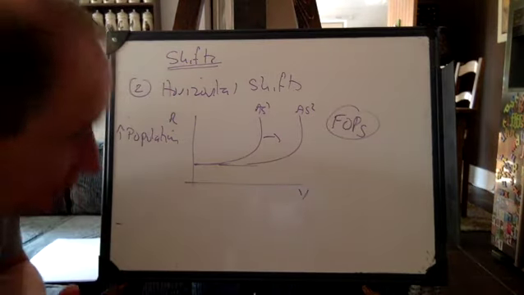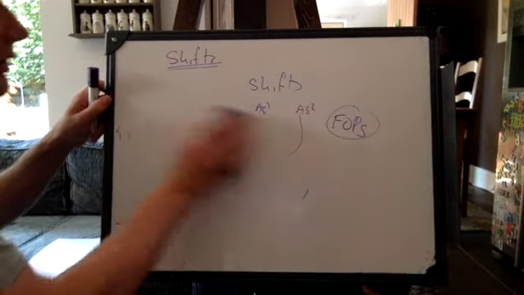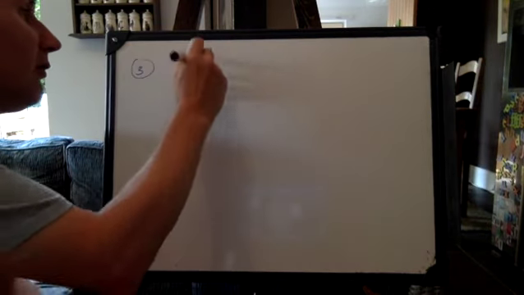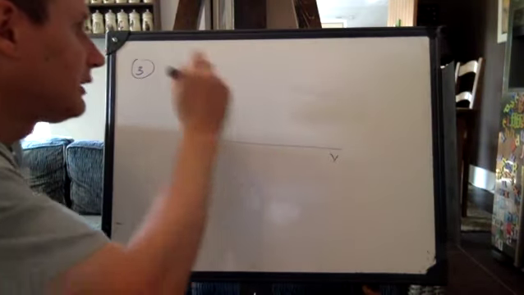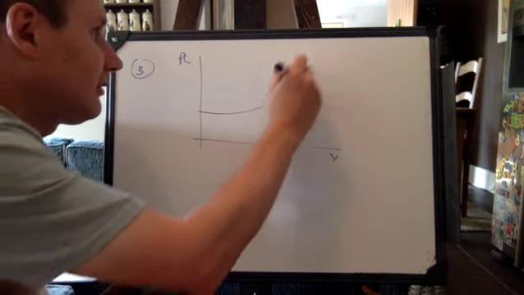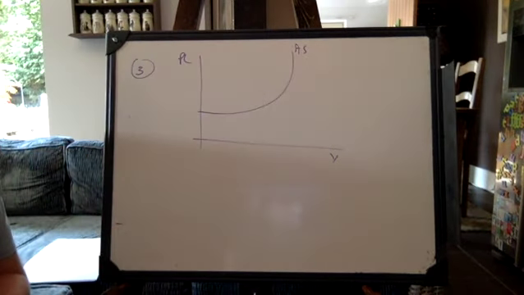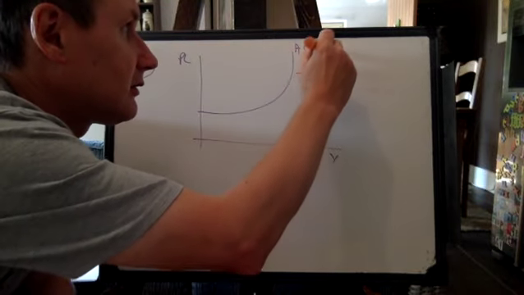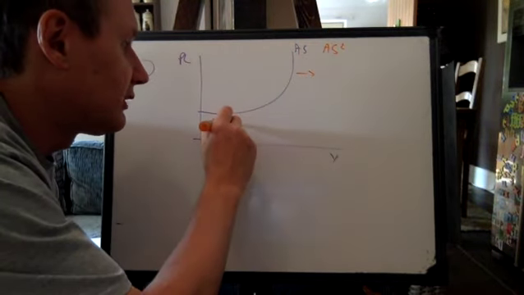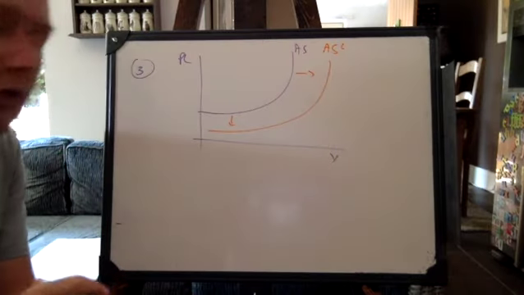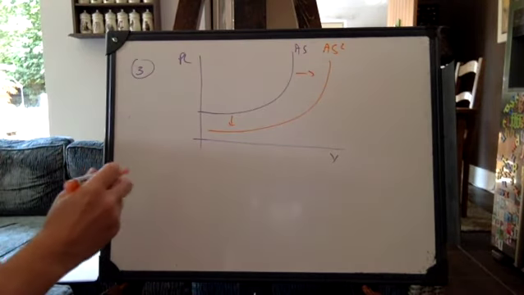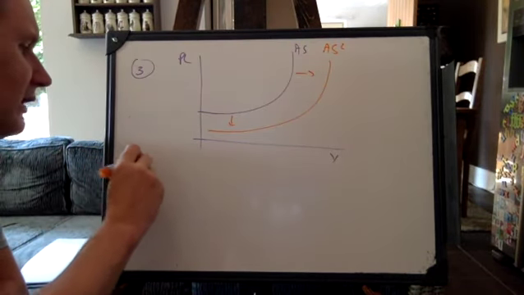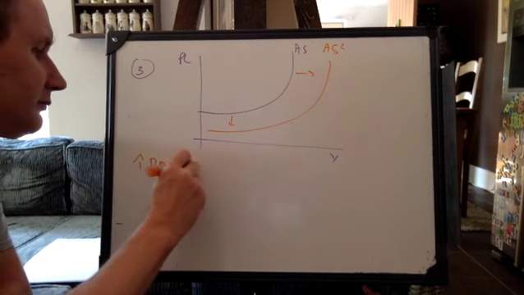But as I say, most often you end up with a composite shift, where you've got something along these lines, whereby not only does your capacity increase, but also there's downward pressure on the price level. That's things like an increase in productivity.